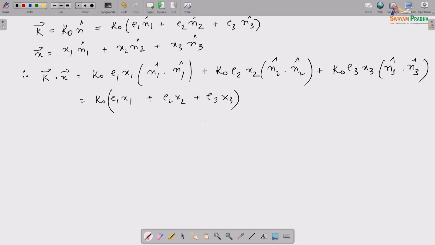So then e to the power I k dot x is equal to e to the power I k naught, so k dot x is equal to k naught E1 x1.